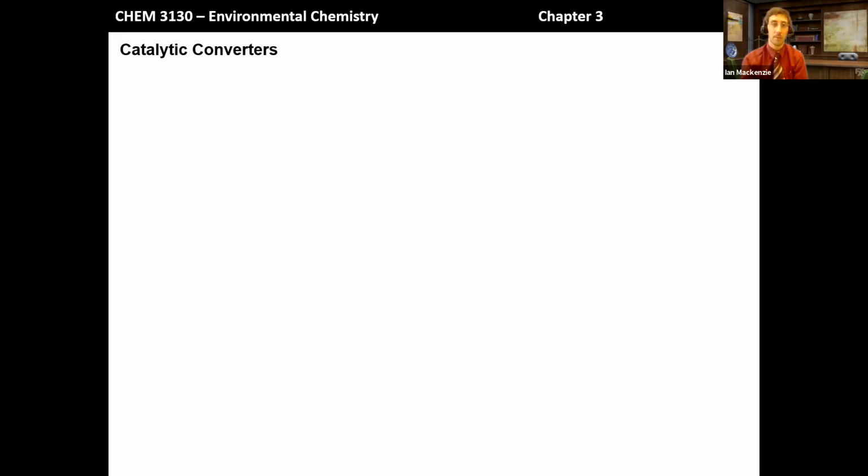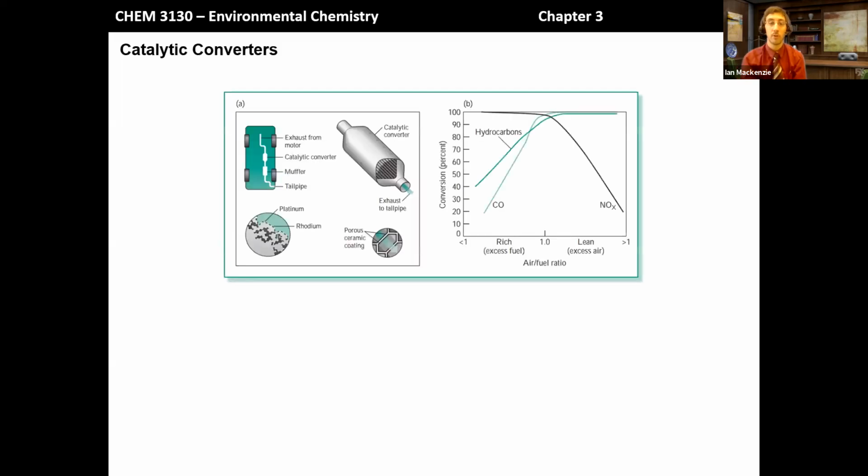And this is where major contributions have come from the implementation of catalytic converters, because they do two functions at the same time. Essentially, a catalytic converter is just a packed bed with a porous ceramic coating that is filled with a catalyst, generally containing small atomically distributed palladium or platinum and rhodium metal.